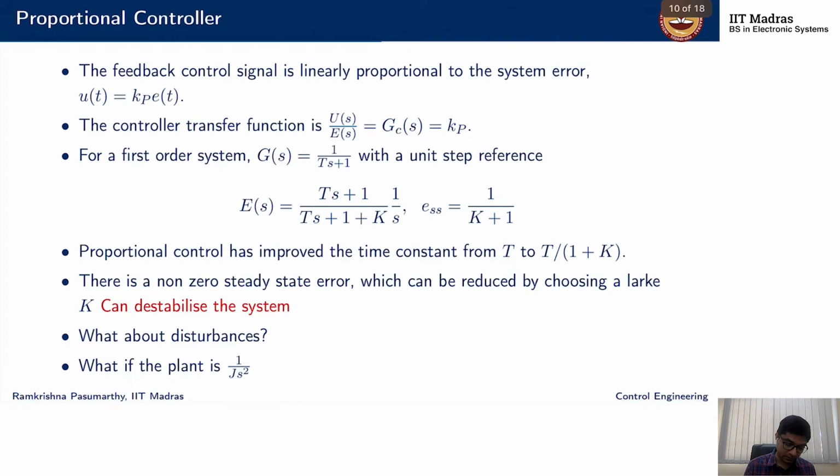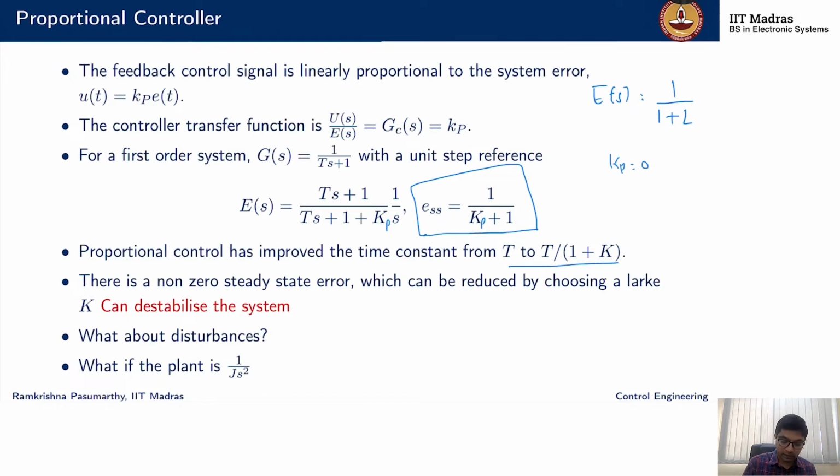So what will happen here is E of s, which we saw was 1 over 1 plus L. We do all the math and I just get that E of s is 1 over Kp plus 1. When Kp equal to 0, I have error of 1 because the system doesn't produce any output.